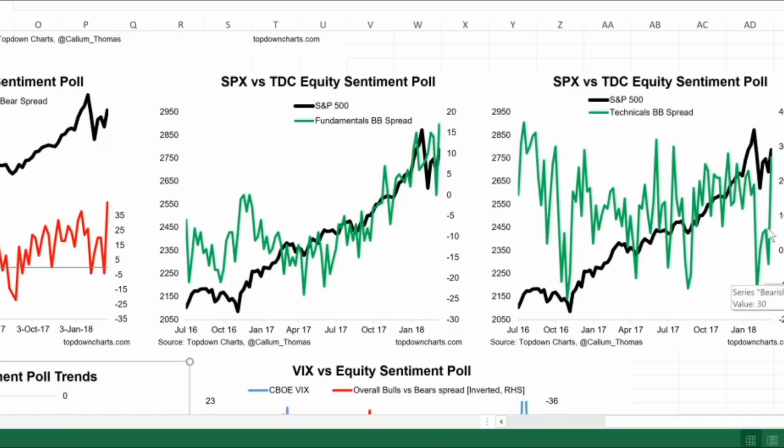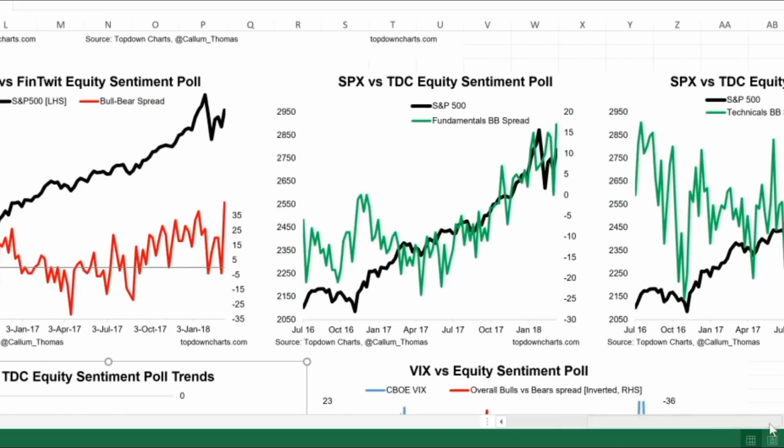Likewise, technicals, maybe all it took for these guys was to see that 50-day moving average being broken, and they are on it now. The technicals bull-bear spread is at its highest point since back in November. So very interesting final thoughts there. We'll have a full update on the results of the survey tomorrow, I think. So 19 hours from when I post this video.